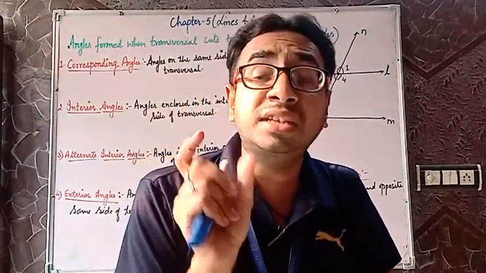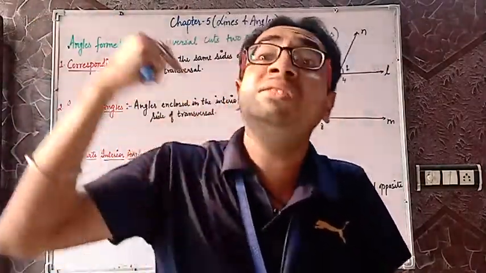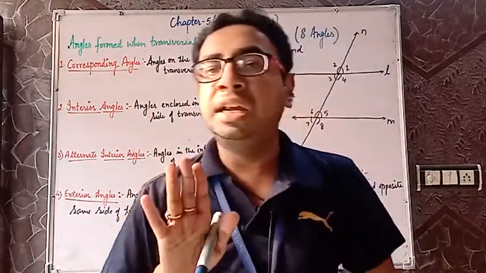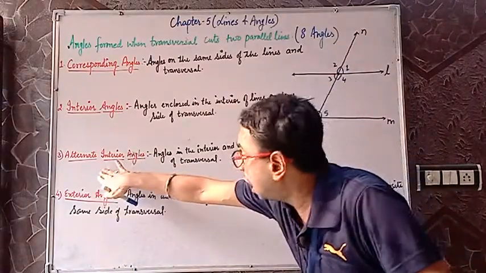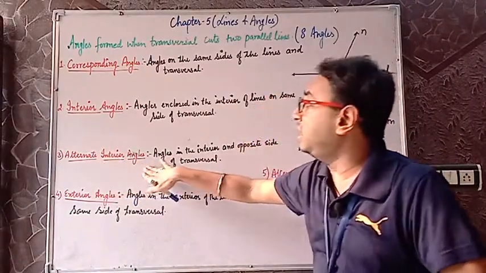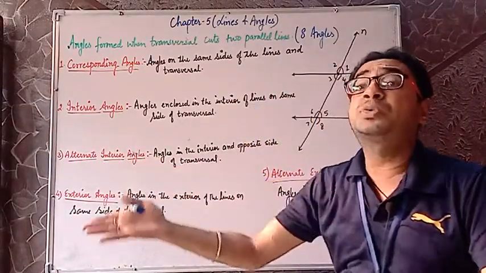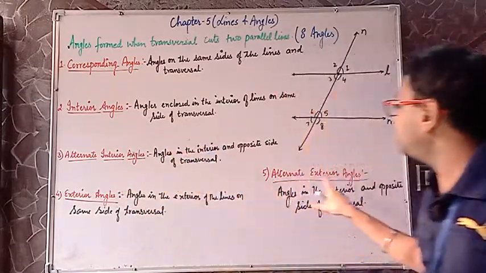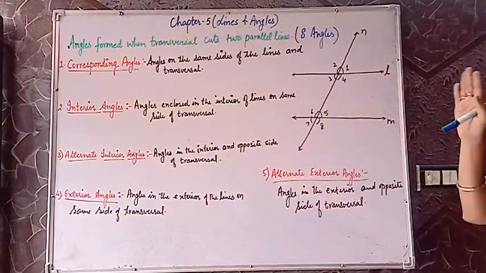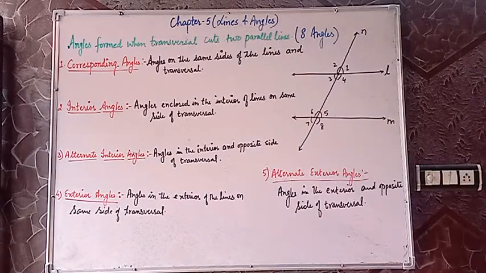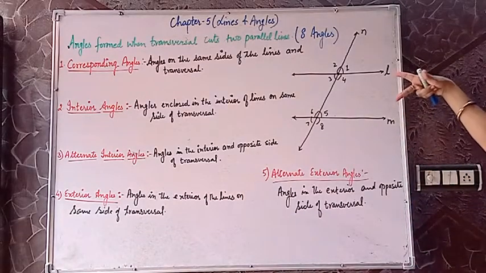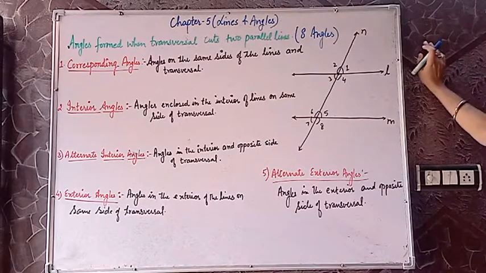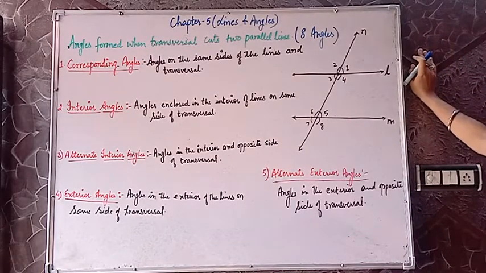That is why exterior means outside, and interior means inside. Then alternate interior angles. Alternate means another option. Then alternate exterior angles. These angles are formed when two parallel lines are cut by a single transversal. Do remember. Clear?